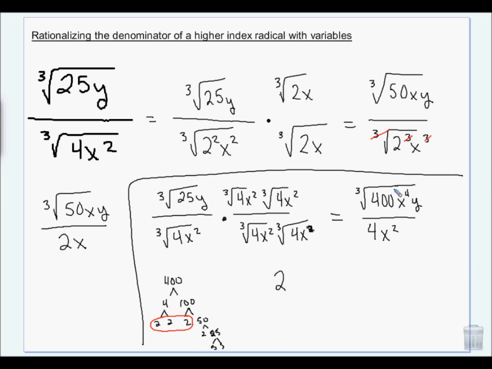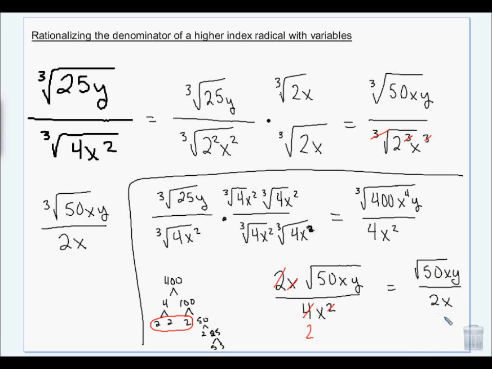So that would be a 2. And then I have 4 x's, so I can bring one of those out, and what's left inside was 50, that x that's left over, and that y. And then my 2 will cancel to my 4, and this x will cancel one of those. So I end up with the 50xy over 2x.